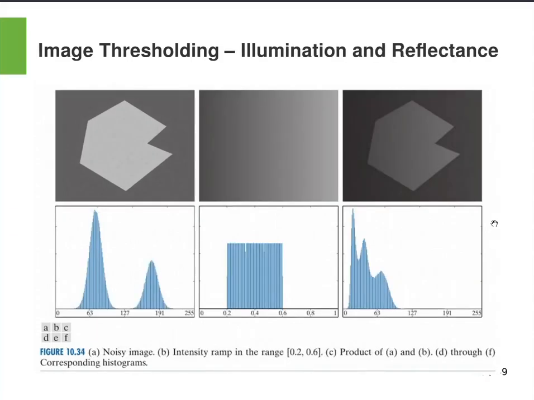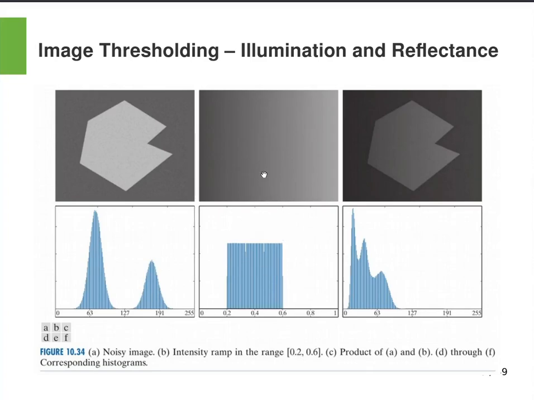Noise is only one of the problems that you can have. What if you have non-uniform illumination or reflectance in your images? So let's just say you have this original image. This is the noisy version as we saw in the previous slide, and here is the corresponding histogram. So now let's say we have this intensity ramp in which the values for intensity change from 0.2 to 0.6, and this is the corresponding histogram for this intensity ramp.